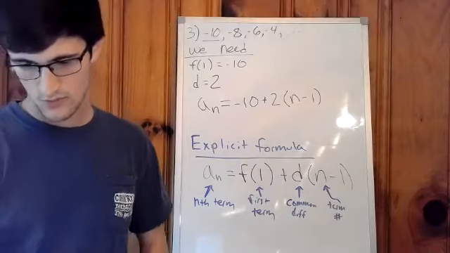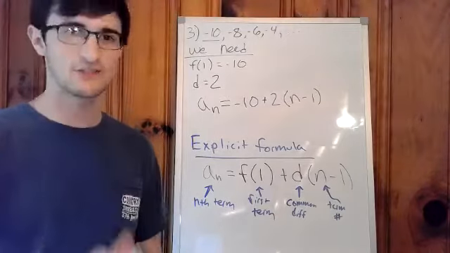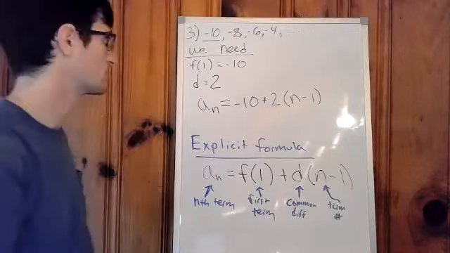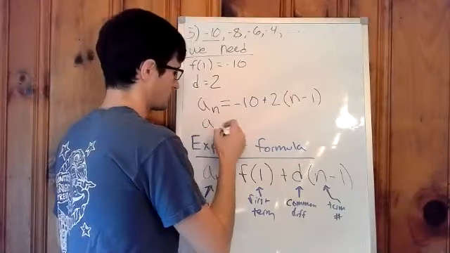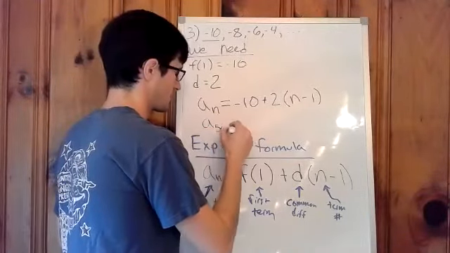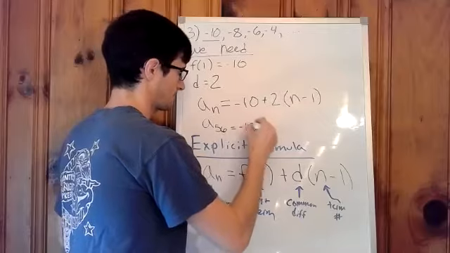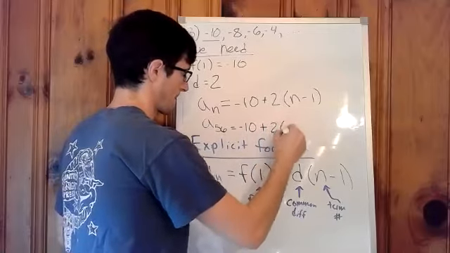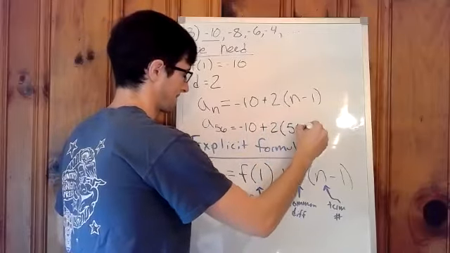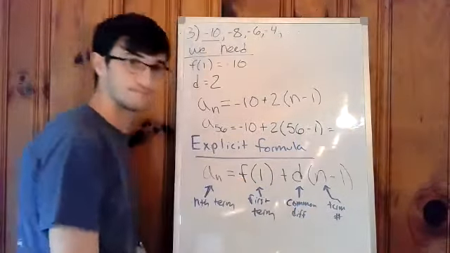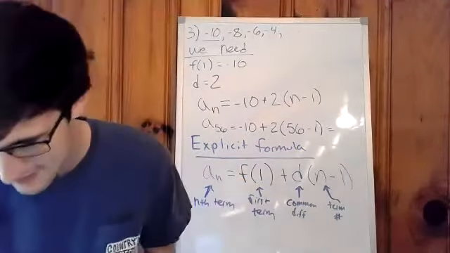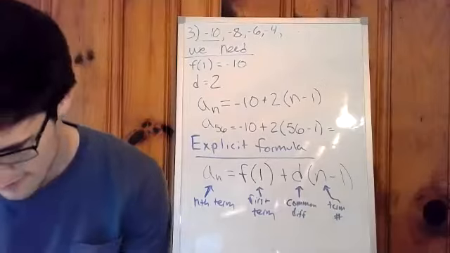Okay, so this one wants us to find the 56th term. Don't be too scared though, because all you do is plug in 56 for n. You get out a number, hopefully. So I'm going to use my calculator here for a second.